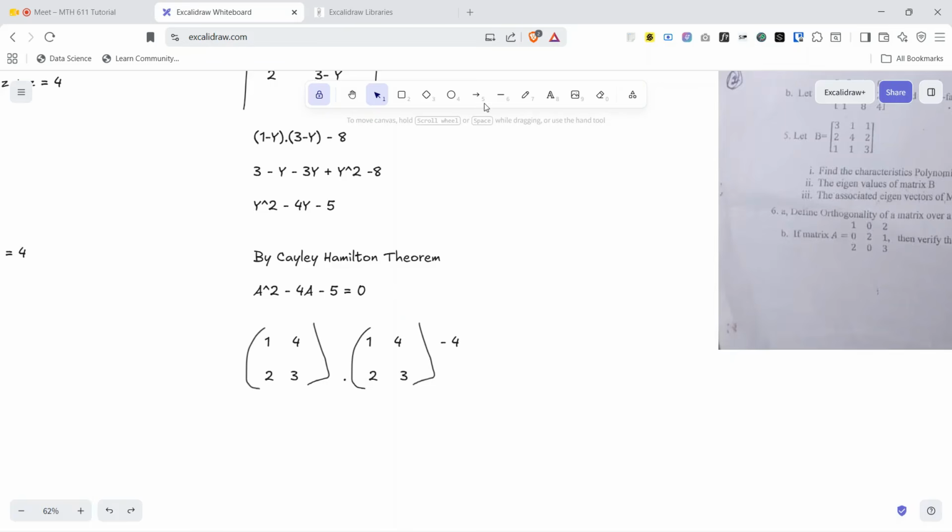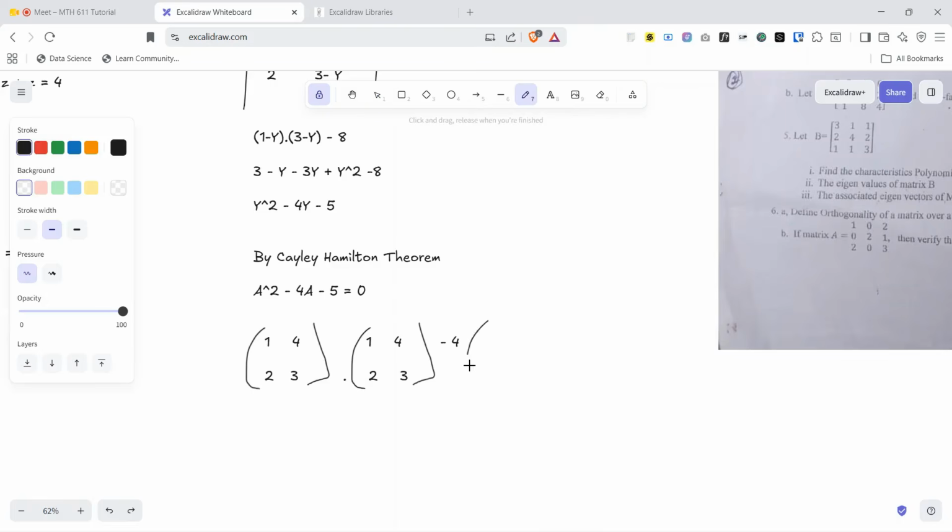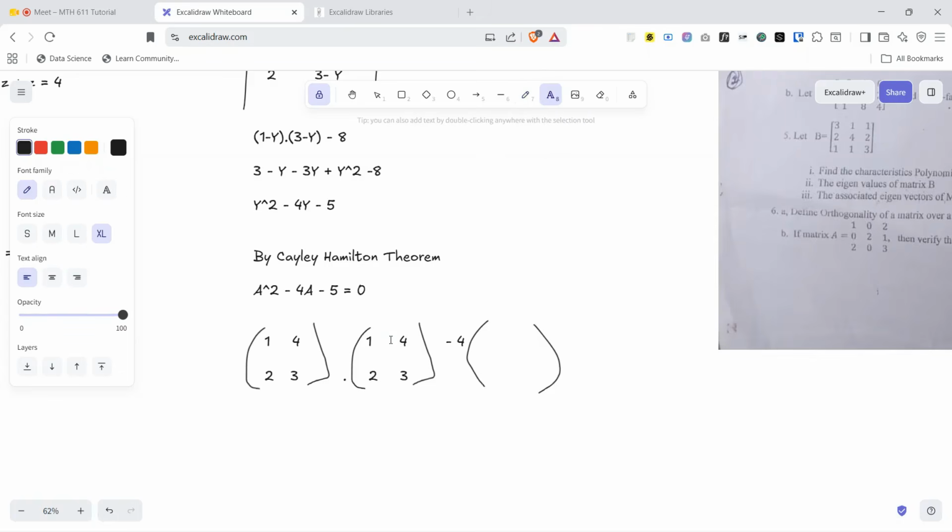Okay, let me just write it. 1, 4, 2, 3, then minus 5 will be equals to 0.